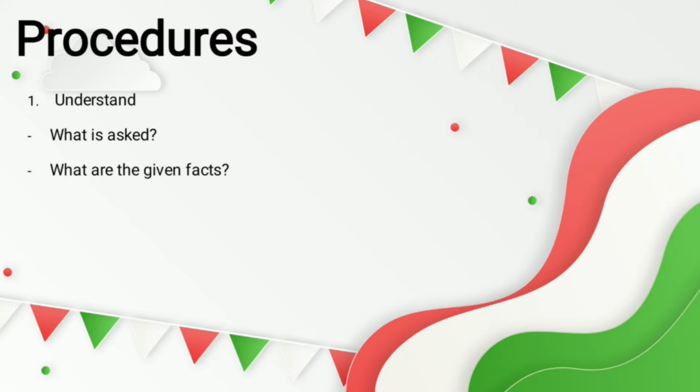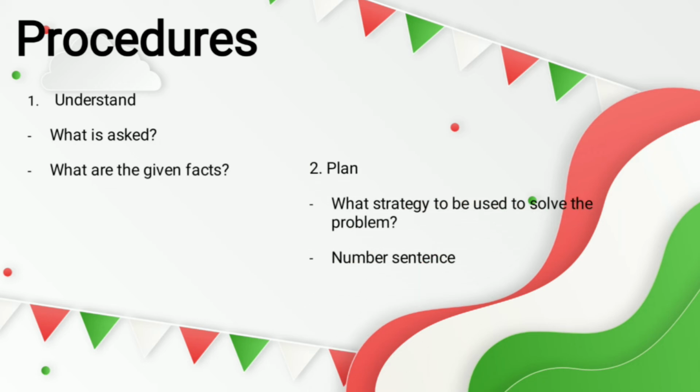After you read the question, please understand what is asked and what the given facts are. Number 2. Plan. What strategy is to be used to solve the problem? And then write the number sentence. Number 3. Solve.